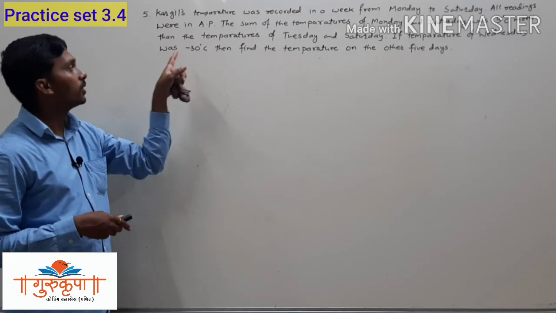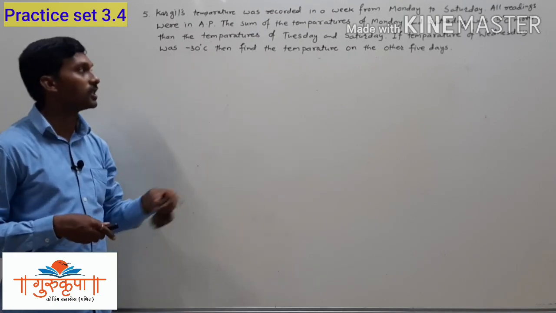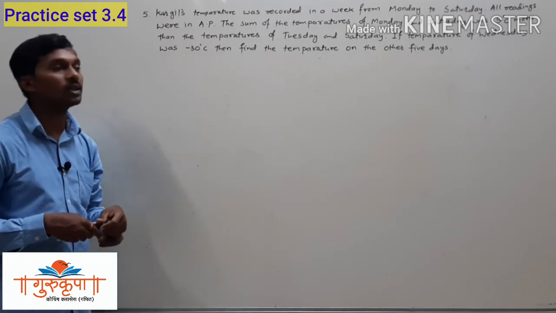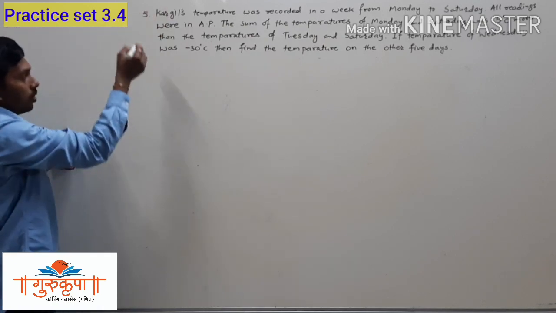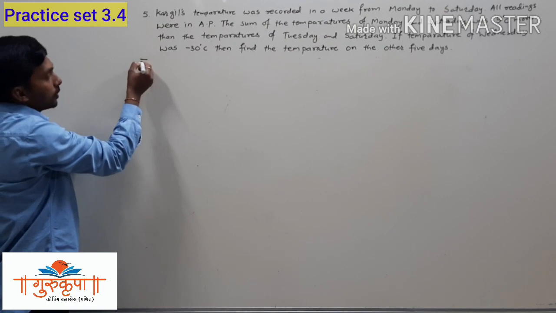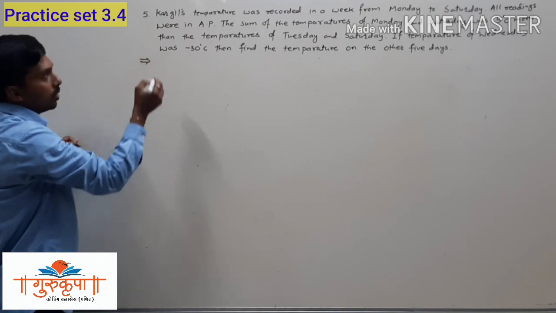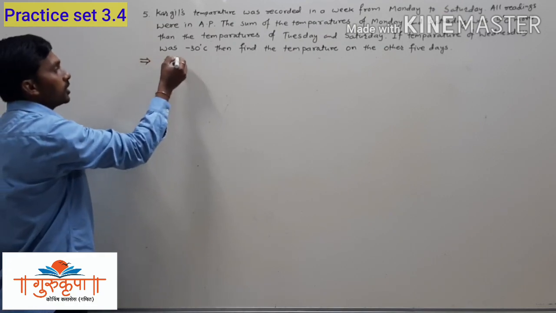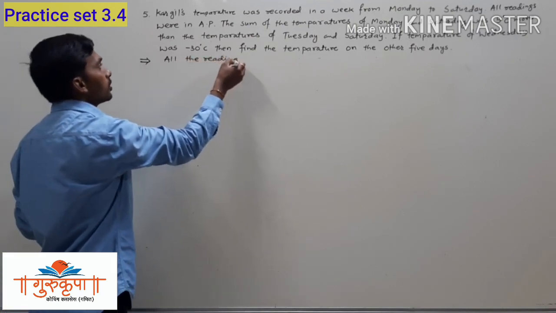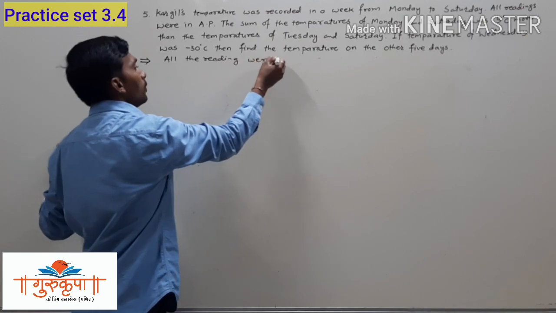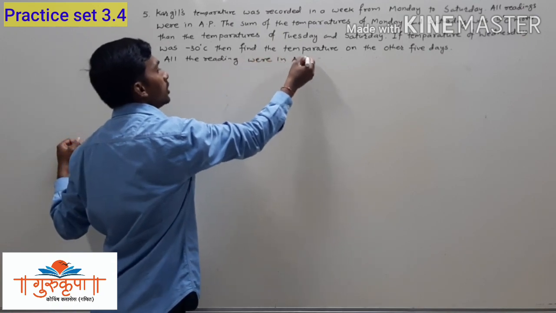If temperature of Wednesday was minus 30 degrees Celsius, then find the temperature on the other 5 days. So here, since all the readings were in AP, that is the given information.